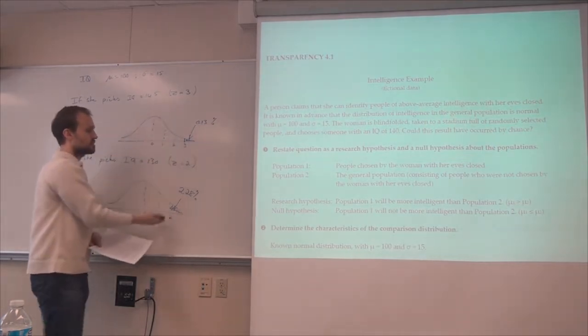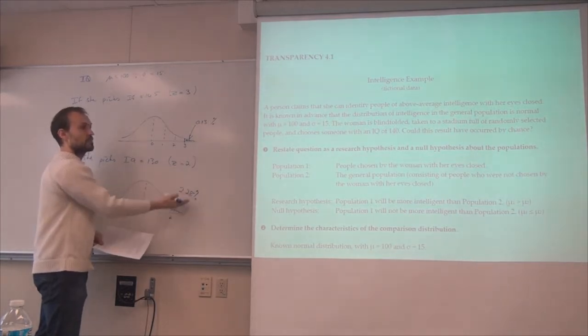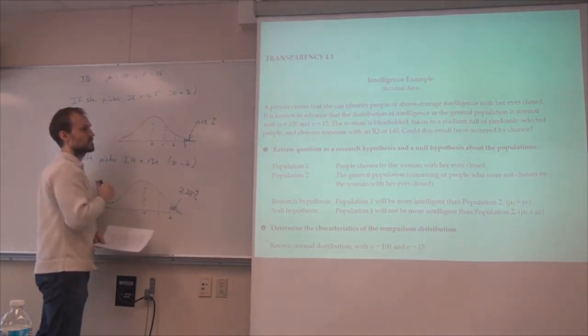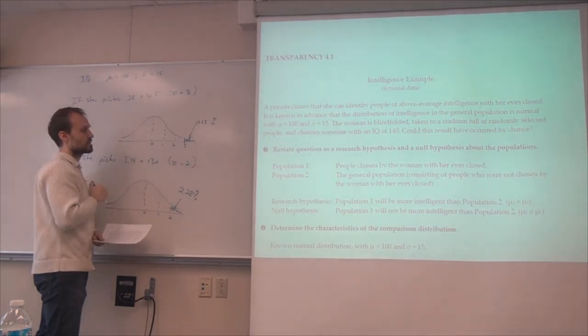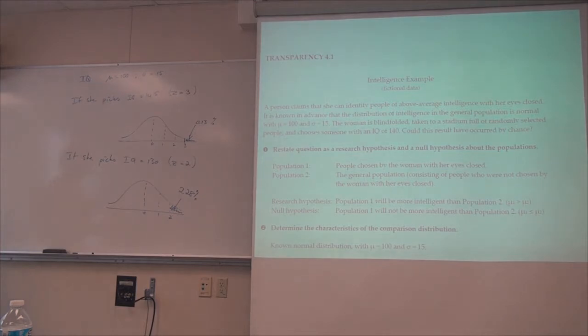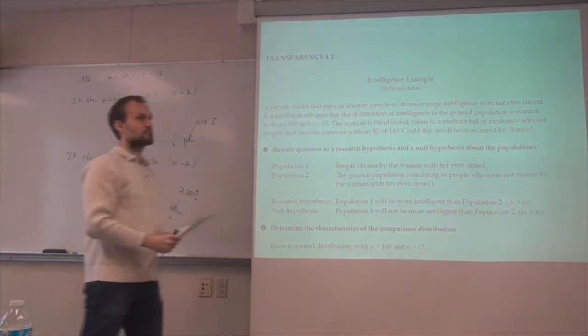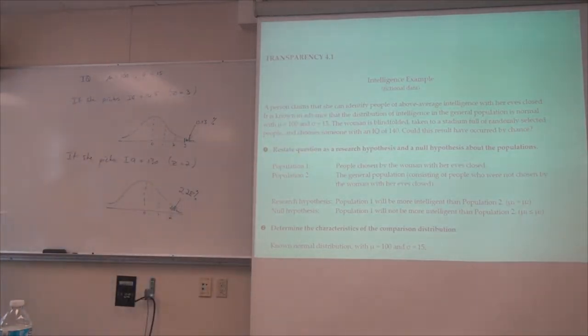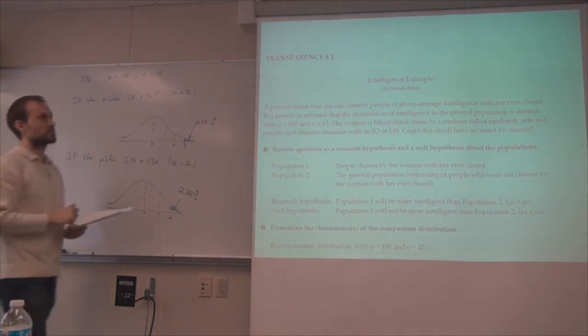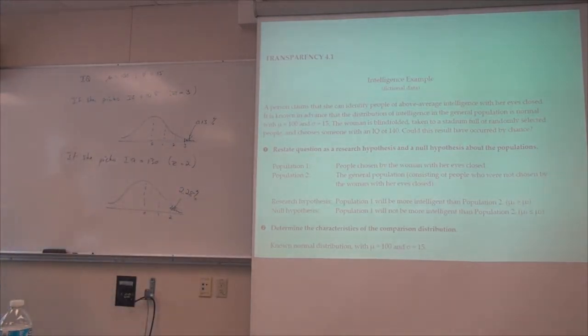So depending on what she picks, if I look at the corresponding Z value and the probability of that actually happening, I can measure how likely it is that she just stumbled onto that person by chance, or if there is some evidence that suggests that her claim is actually true, that she can identify someone with above average intelligence.